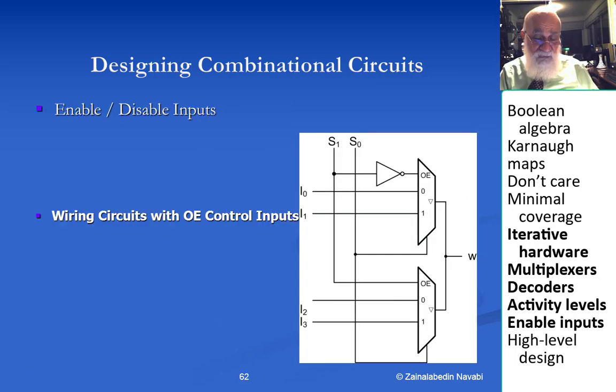This is a multiplexer with active high. Well, let's not worry about the active high, with a tri-state output.